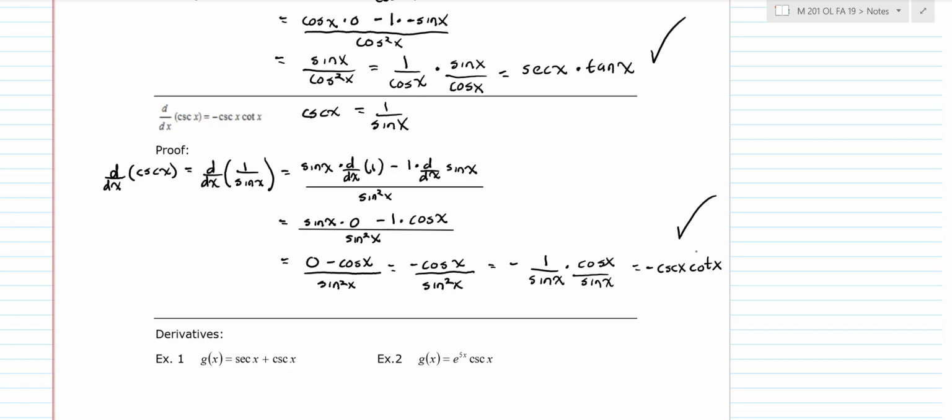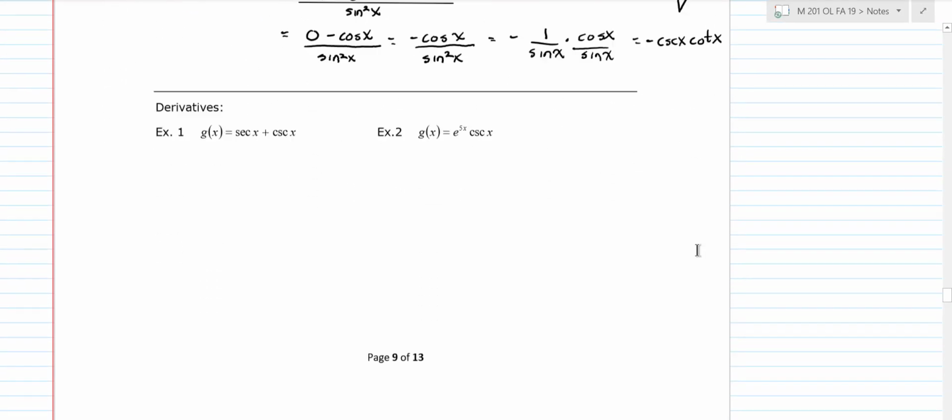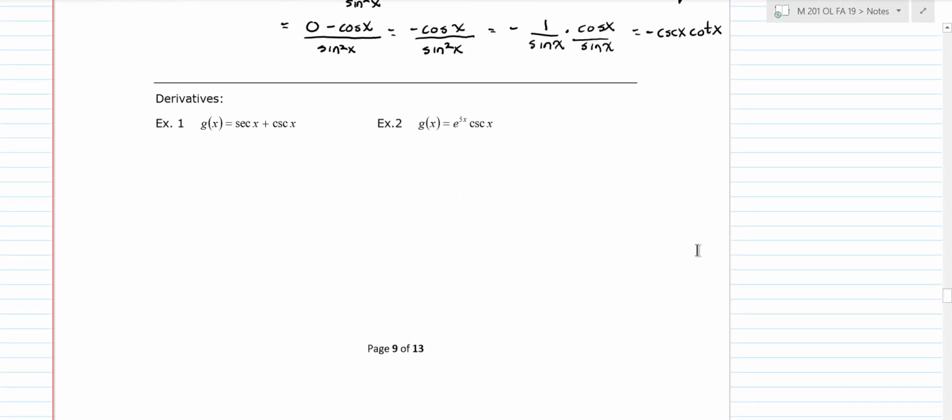All right, so we've established all of the derivative rules now, and we're going to look at some basic derivatives of all sorts. So we'll start with example 1. You've got to know your rules on this. The rule that applies is the derivative of secant x is secant x tangent x.